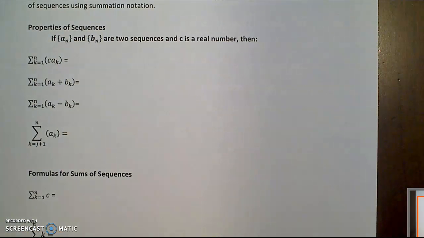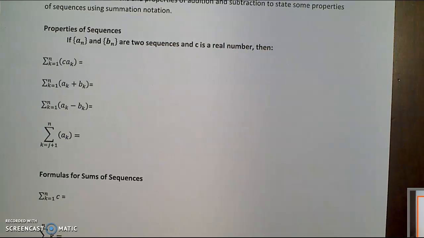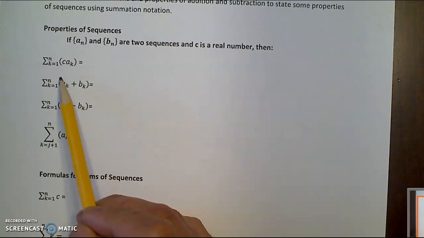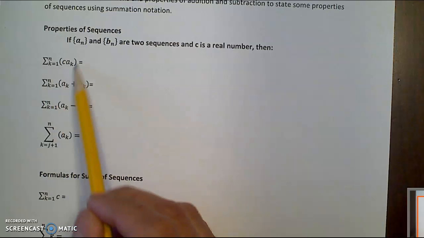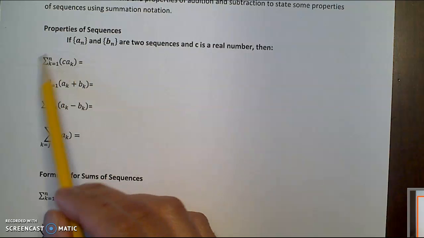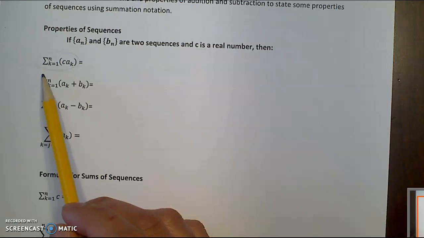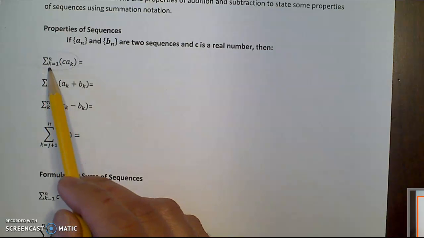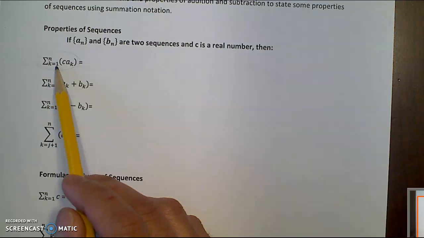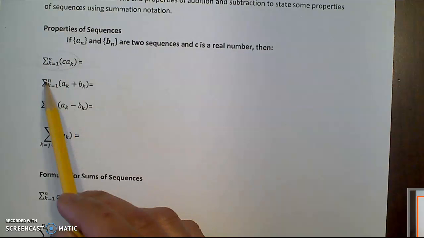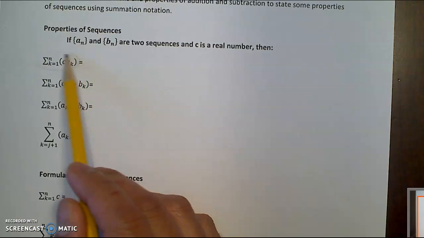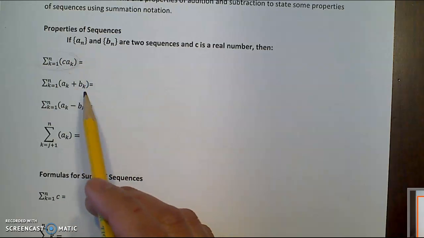Alright, so here we are going to start to talk about some different properties of sequences for summation and some formulas. For the first one, if you're looking for a format similar to this, you can use this particular property. Here we want to find the summation from the first term to the nth term of the sequence described by this expression.